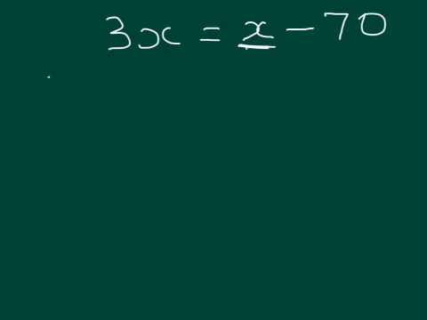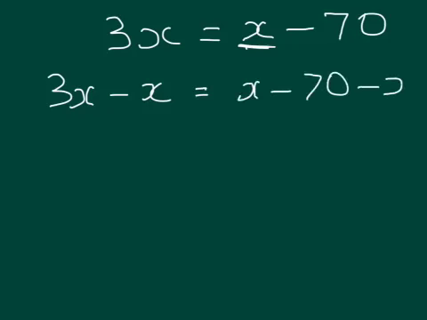Now for our last one, which is slightly different. 3x is equal to x take away 70. As usual, I'm going to lift the x off both sides. So I get 3x take away x is equal to x minus 70 minus x.